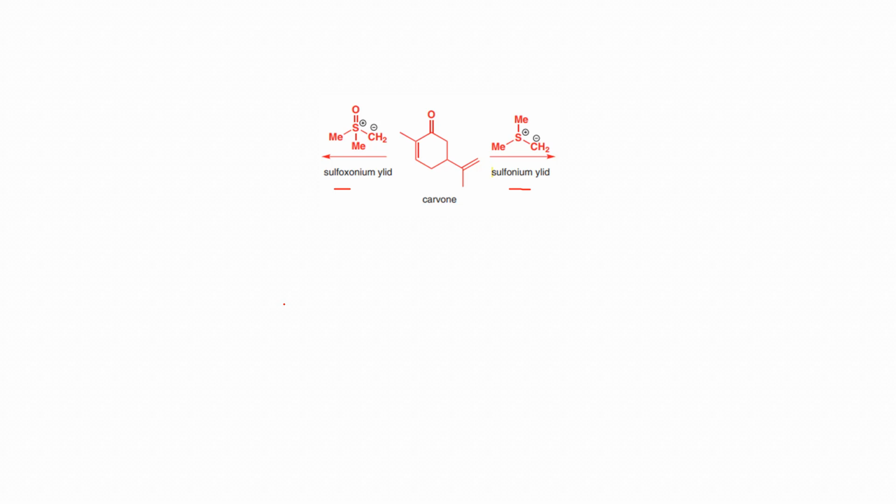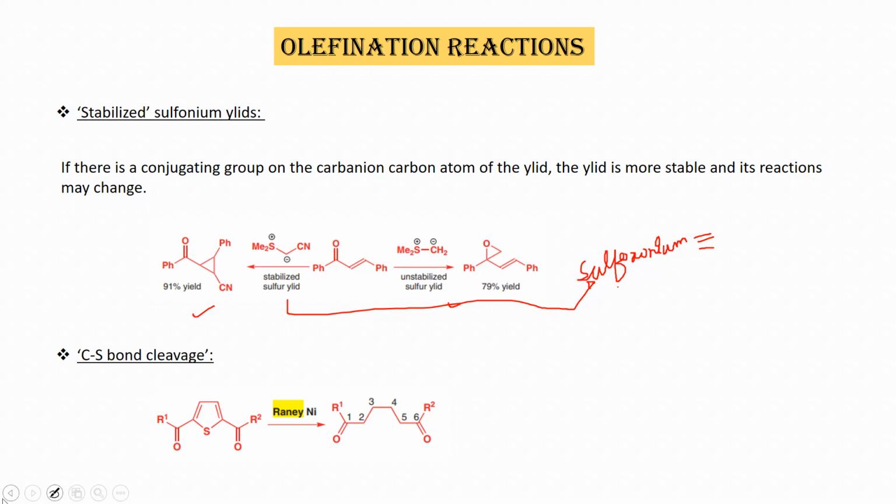Ylides are compounds where two different charges are just side by side. Here you can see in this case the positive charge and negative charge are side by side, and that can be delocalized into the vacant d orbital of the sulfur.